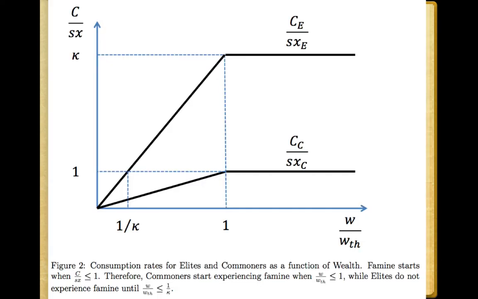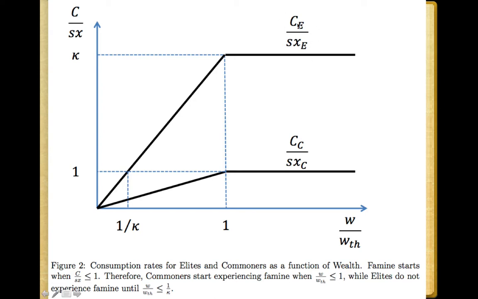Let's take a look at how these consumption rates look, and what you'll see here is something very, very similar. Again, we have these plotted as a function of this ratio of wealth to minimum wealth. The commoners, if you have plenty of wealth, will consume simply at the ratio, which is 1. So the consumption will be simply equal to salary times the number of people in the commoners cohort.